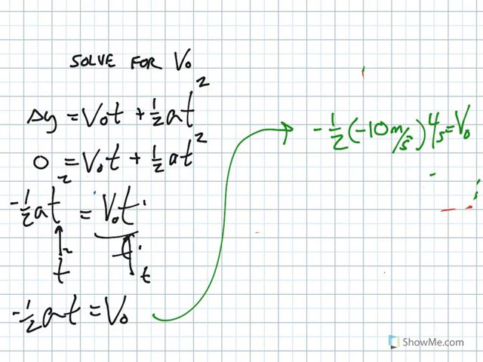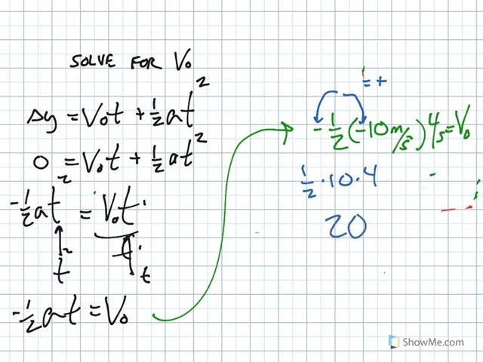A minus times a minus is positive, so the minus signs cancel out. So the math part of this is 1/2 times 10 times 4. So 1/2 of 10 is 5, and 5 times 4 is 20.